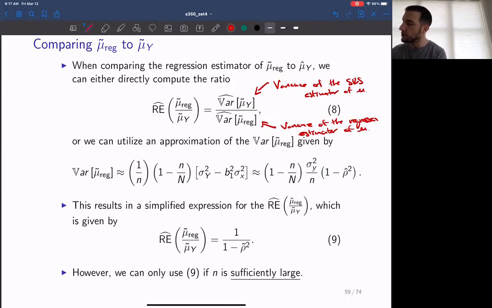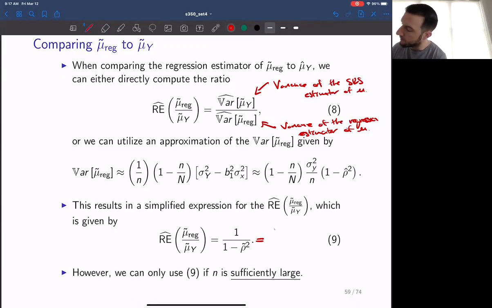All right, so we can show that this particular relative efficiency measure can reduce to a very convenient form, which is shown in number 9 here. So this is saying that the relative efficiency of the regression estimator to the SRS estimator is simply equal to 1 over 1 minus rho squared.